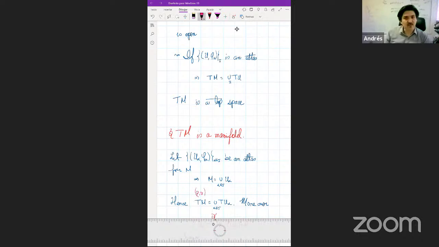P is in the manifold, so P is going to be in one of the U alphas. So (P, V) will be in that TU alpha. So if the U alphas cover M, the TU alphas will cover TM.